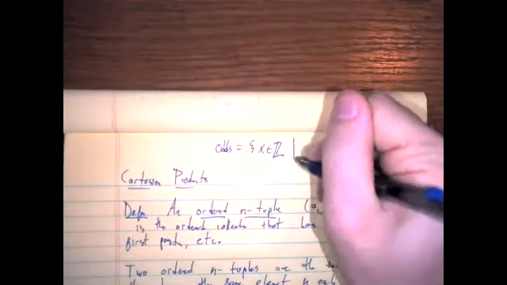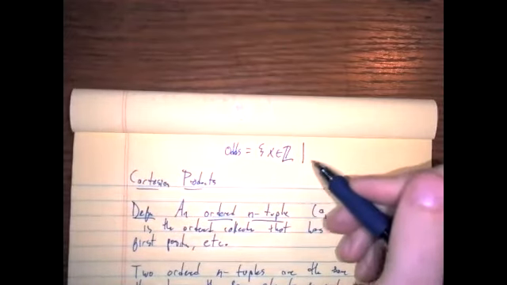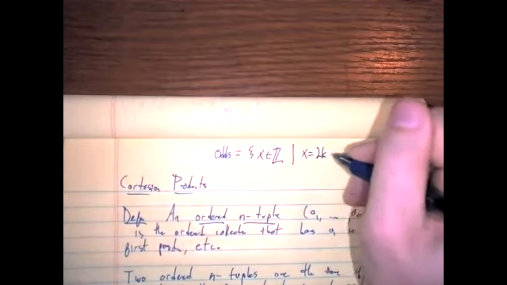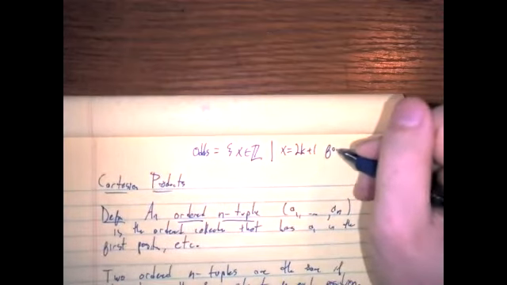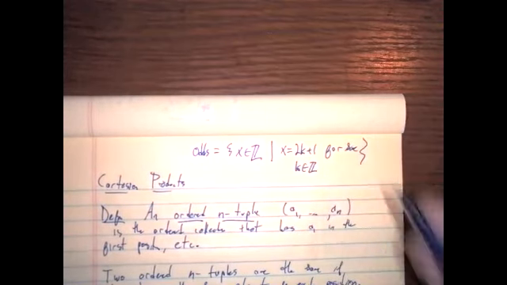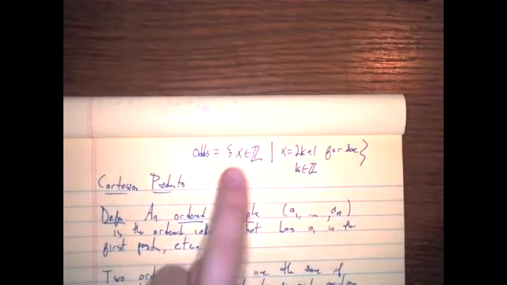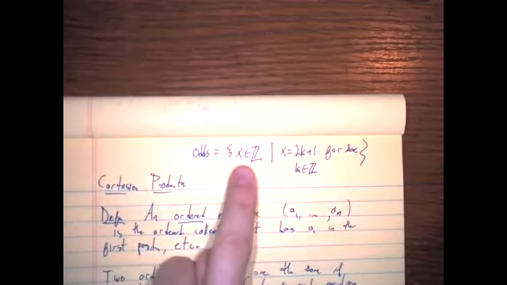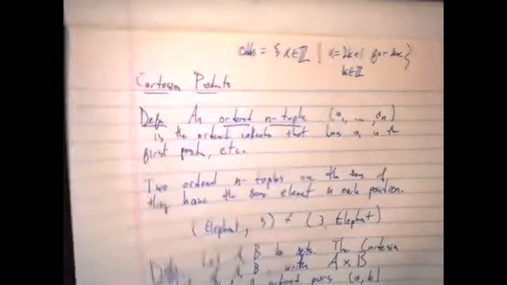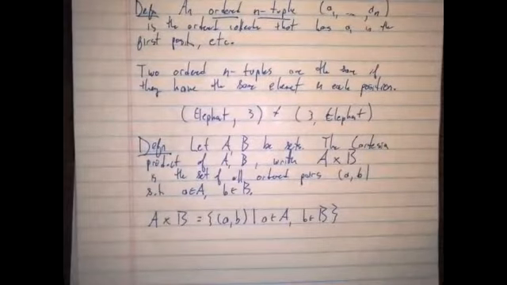I want such that x is equal to 2k plus 1 for some k in Z. So here is where I put a condition on which elements I take from the bigger set. Does that help?